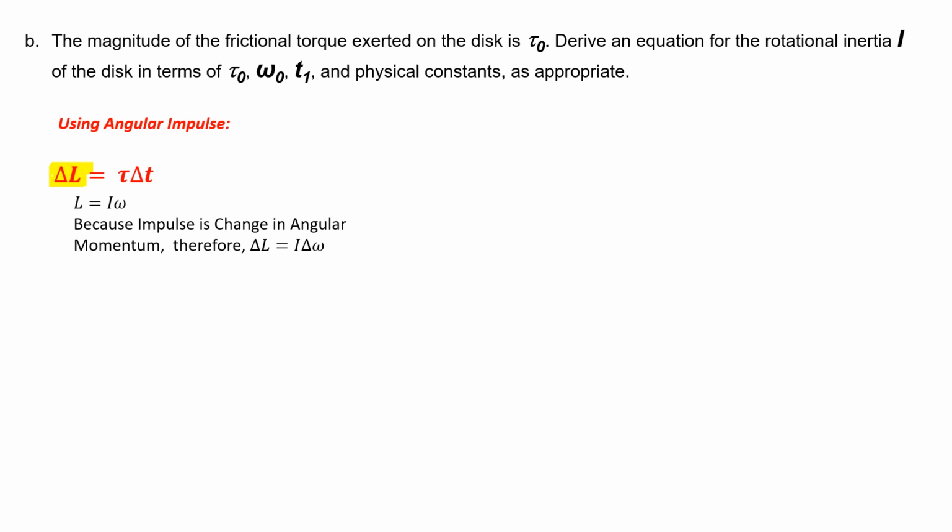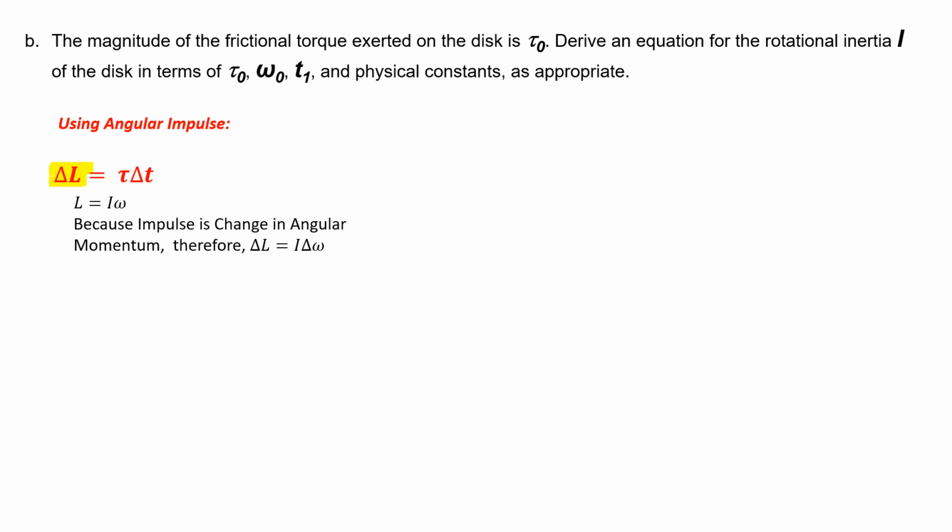But we all know that angular momentum is simply I, which is your moment of inertia, multiplied by your angular velocity, which is omega. Because impulse is a change in angular momentum, we are not going to change the inertia unless we change the radius, since the mass will remain the same.